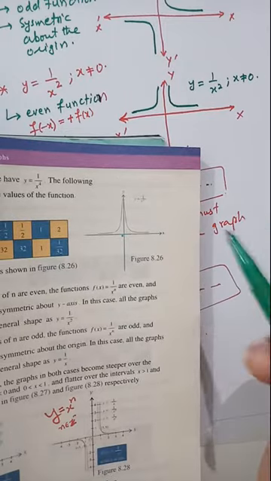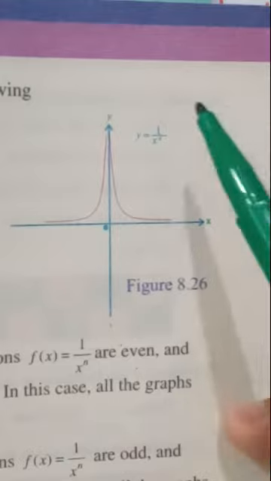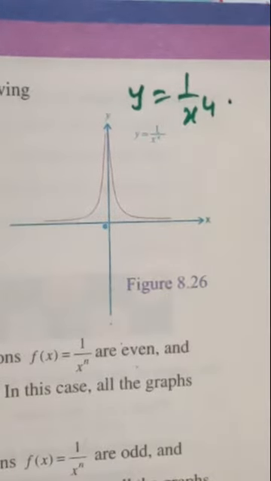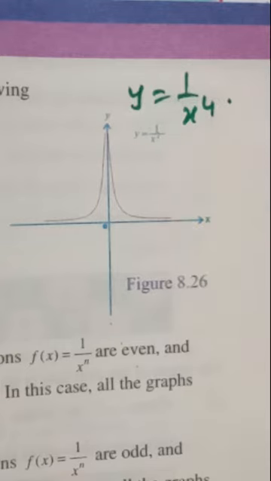You see here, this is the graph of y is equal to 1 divided by x power 4. In the case of 1 divided by x square, the curves are not too close to the x-axis and y-axis.